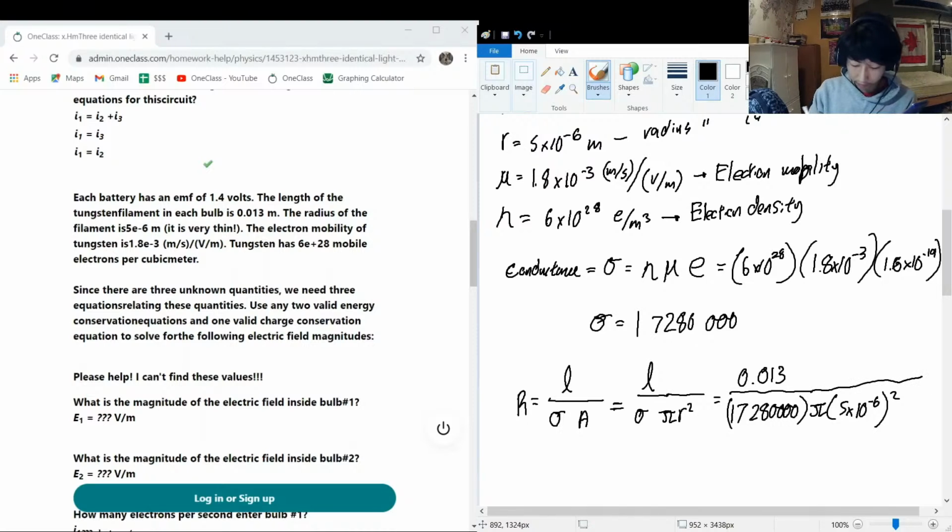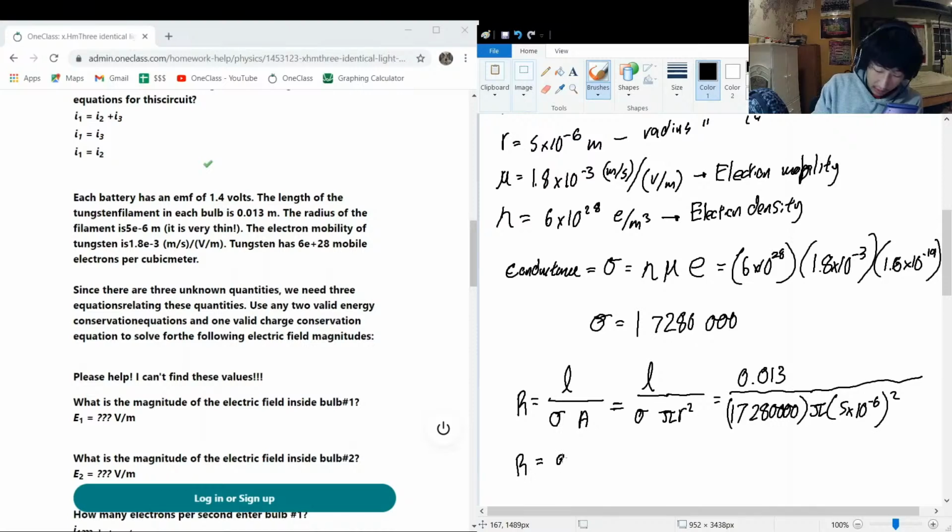So that's 0.013 divided by 1728000 times pi times, in brackets, 5 times 10 to the power of negative 6, squared.